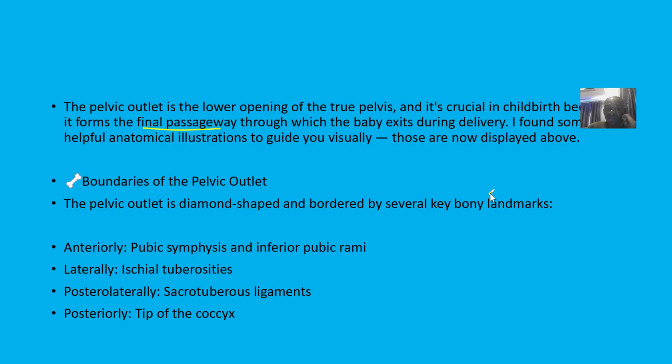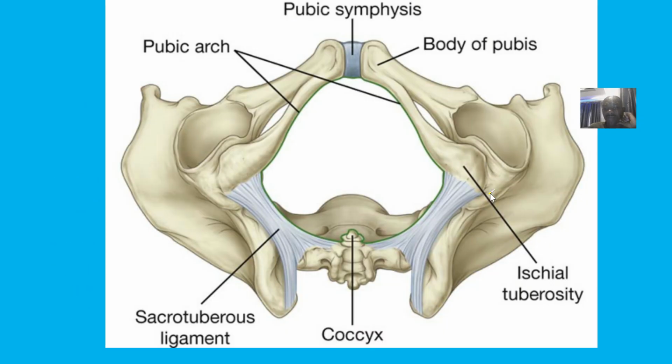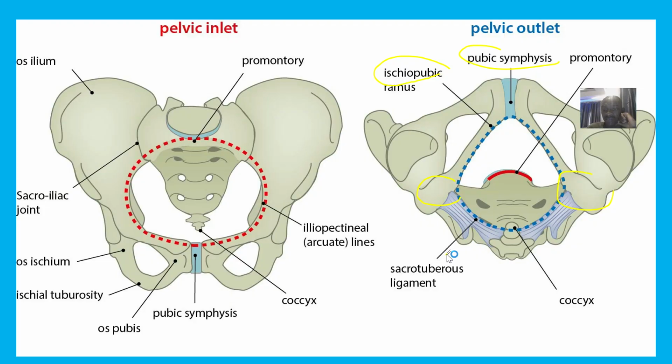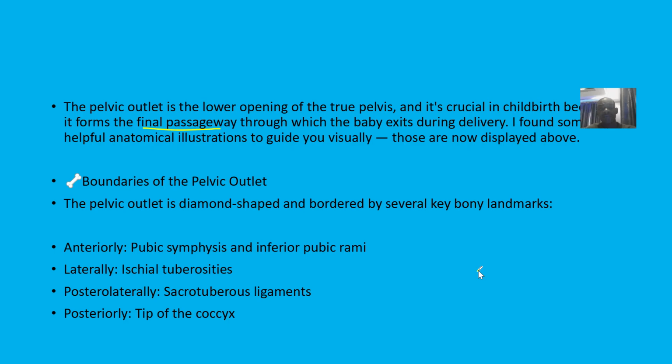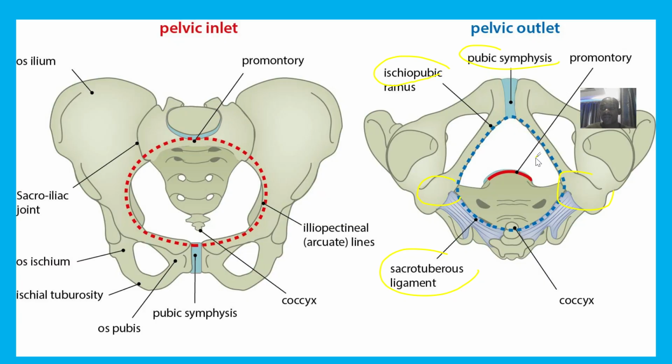Then posterolaterally we have the sacrotuberous ligament. This is the sacrotuberous ligament, posterolateral at the back but away from the midline. Then posterior inferiorly we have the coccyx. If you look down, this is the coccyx, down at the back.